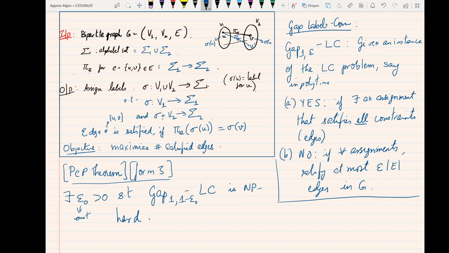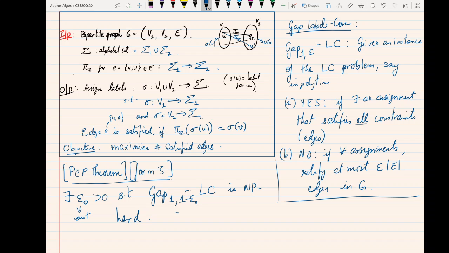That is, it is difficult to distinguish between label cover instances that are perfectly satisfiable versus you can satisfy only a 1 minus epsilon naught fraction of the instances. Now an important parameter in a lot of label cover constructions, although it's not important directly for us, is the size of the alphabet, which is sigma.